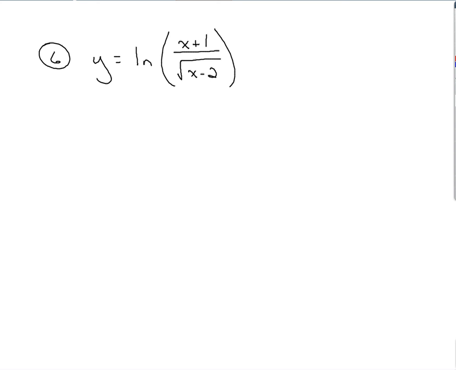All right, let's take the derivative of this one without any simplifying to start. If we dive right in using what we know about derivatives of logarithms, then let's follow the very general form here. General form to take a derivative of a logarithm starts with 1 over whatever follows the logarithm.